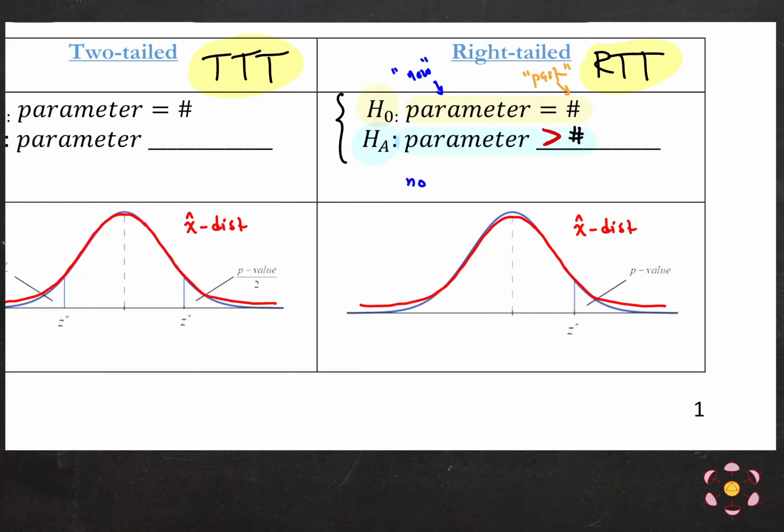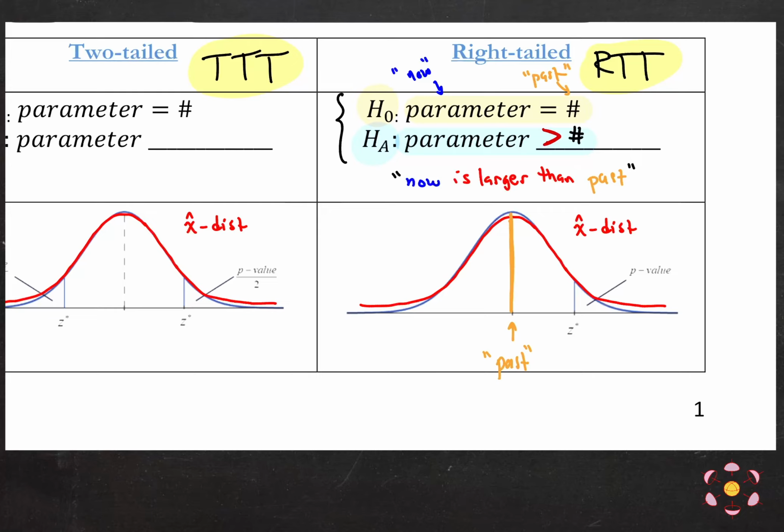So the now is larger than the past. Okay, so what do we do? We fire up a sampling distribution where we put this line down the middle. This is the past parameter.